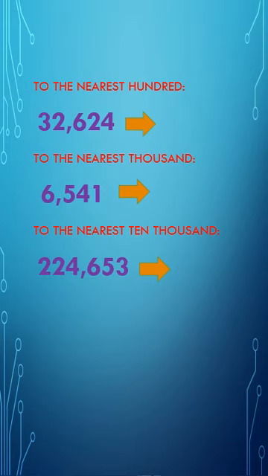The next example says, round to the nearest 100. We have a big number. It's a 5-digit number. We have the ones place, the tens place, the hundreds place, the thousands place, and the 10,000 place. The question says to the nearest 100, so where's the hundreds place?